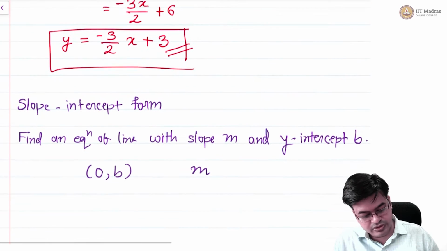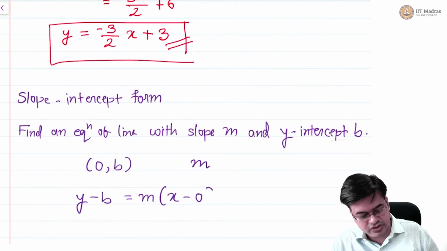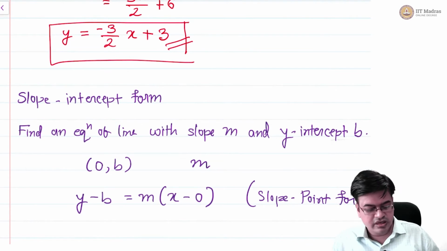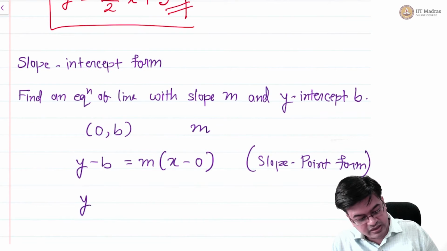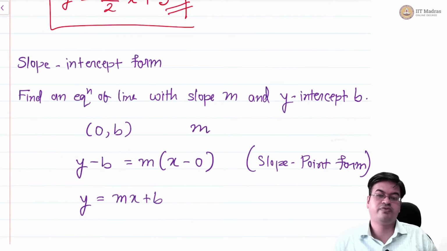Again appeal to slope point form, so that will give me y minus y1, which is y minus b, equal to m times (x minus x1), which will be 0. This is using slope point form. There is nothing special in this. So I am using slope point form, and if I want to rewrite this, it is y is equal to mx plus b. This is the equation in slope intercept form.